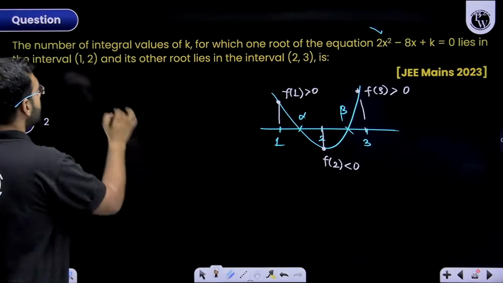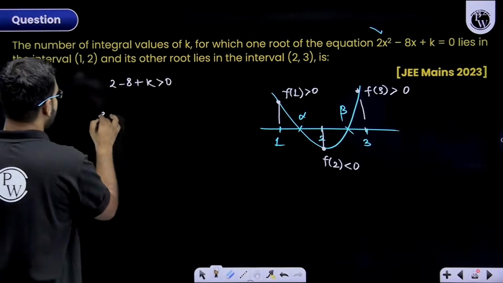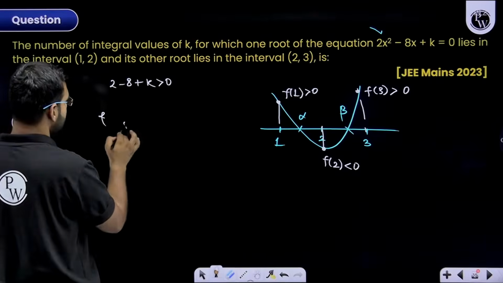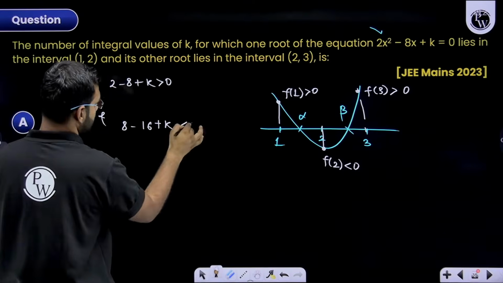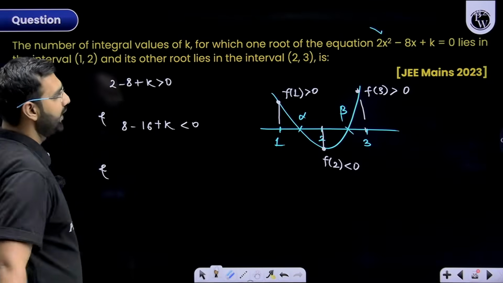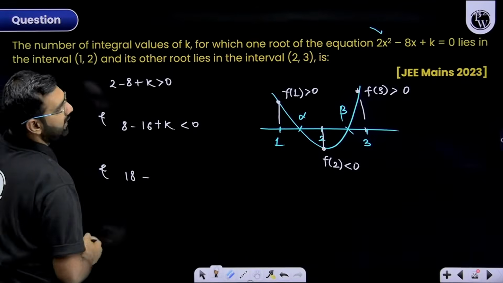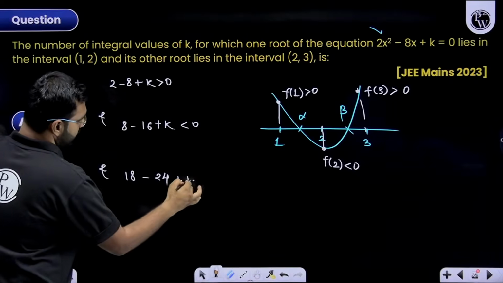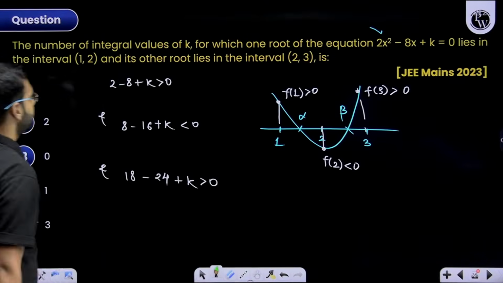F of 1 means 2 minus 8 plus k should be positive, and f of 2 should be negative. So 2 square is 4, 4 into 2 is 8, minus 8 into 2, that is 16, plus k should be negative. And f of 3 should be positive. 3 square is 9, 9 into 2 is 18, minus 8 into 3, 24, plus k should be positive. I'll simply take their intersection and that will be my final answer to this question.